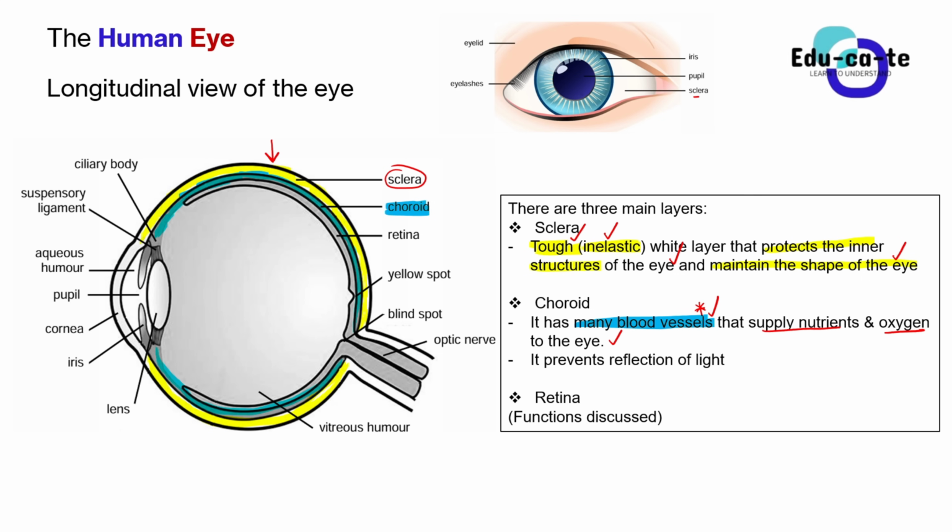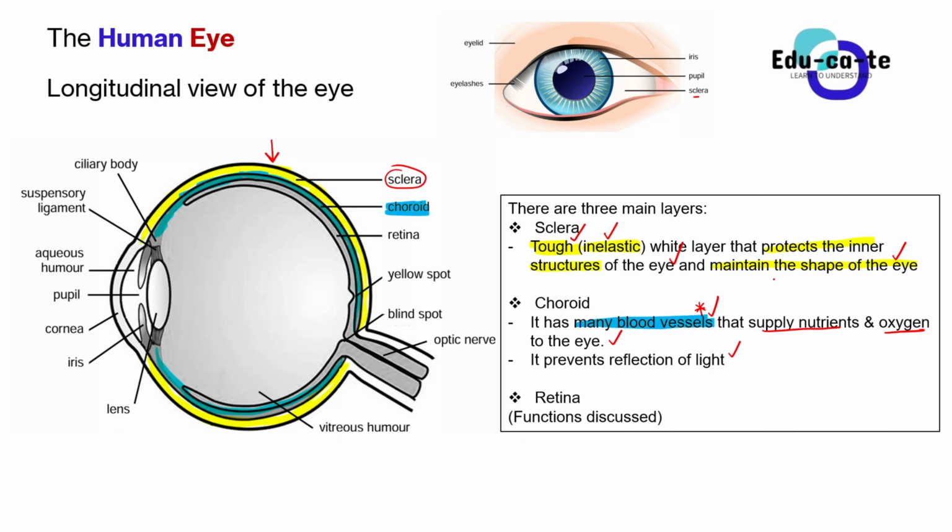So when we say that the choroid, the middle layer, has got many blood vessels, it means that it is able to supply nutrients and oxygen to the eye, because the eye needs nutrients and oxygen as well, so that it can function to its fullest. The choroid also prevents the internal reflection of light.